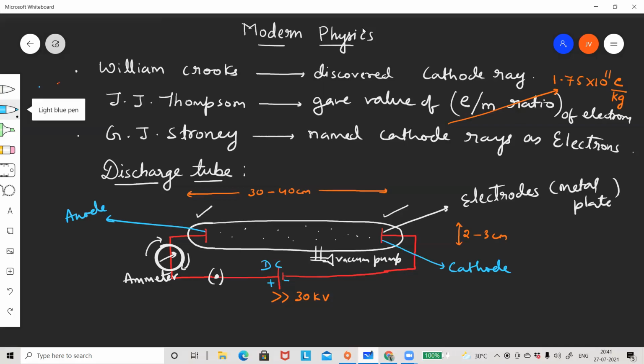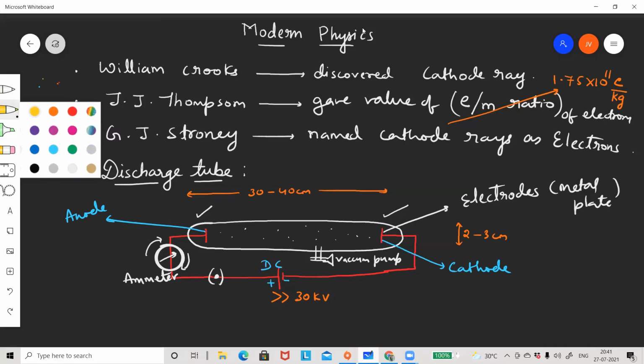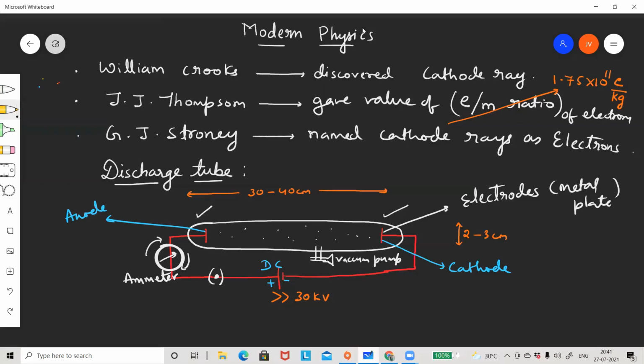Okay, so very quickly I'll finish off this topic. What they did is, in the anode, they prepared a hole. See, I'm drawing a yellow hole on the anode. And behind the anode, on the screen, they coated a fluorescent material, for example zinc sulfide.